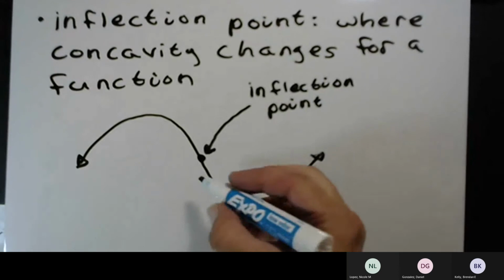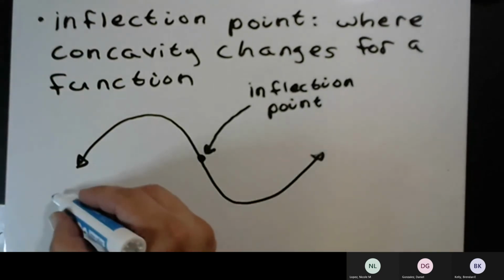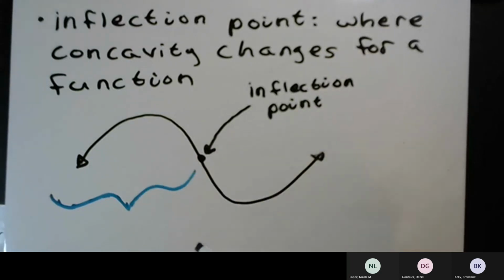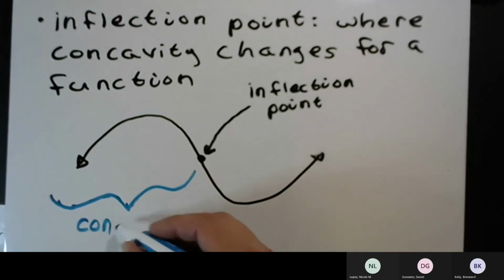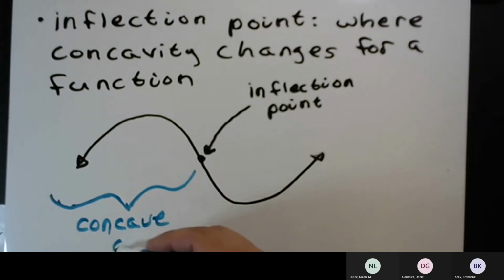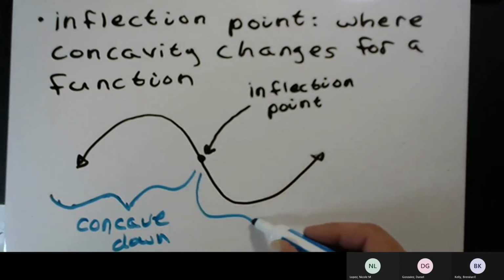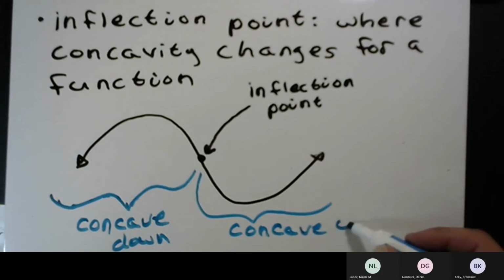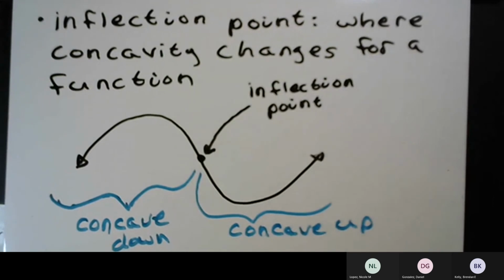So what this says is here we would have concave down. And then from over here, we'll have concave up. So where you get that transition from one point of concavity to the other, that's going to be your inflection point.